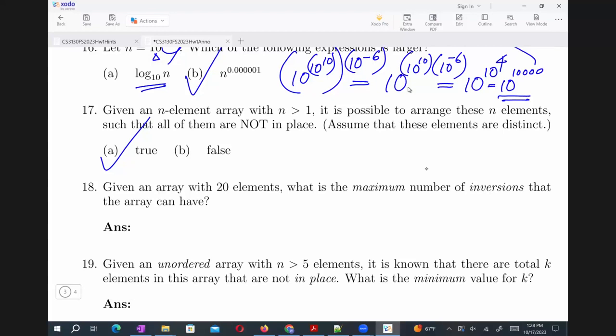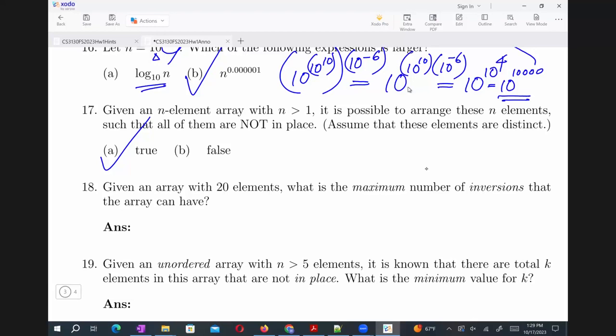Actually, you can consider if there are 2 elements, n greater than 1, you just swap the 2. But here we need to construct concrete examples with a certain property.